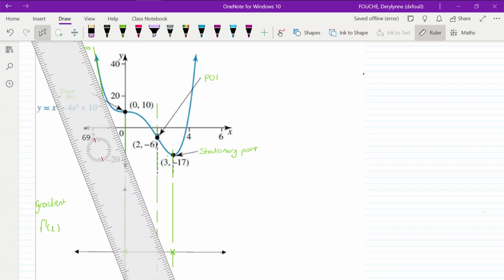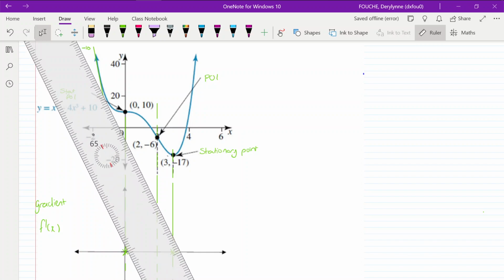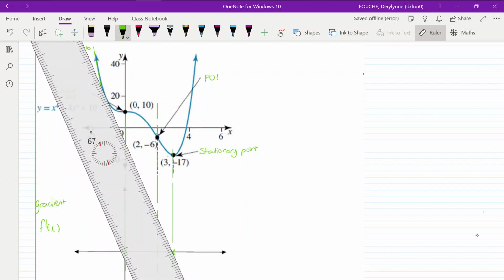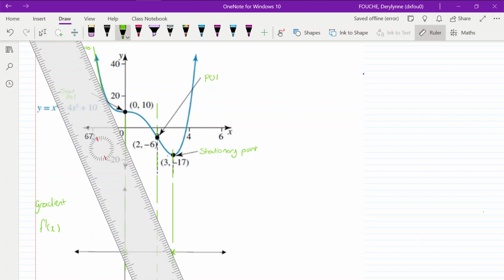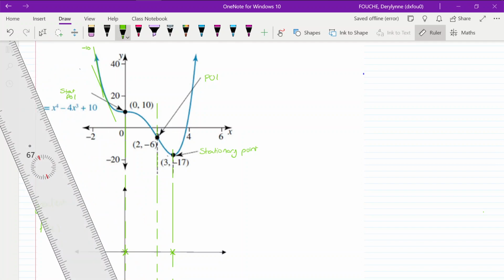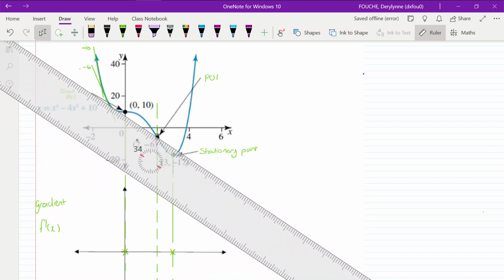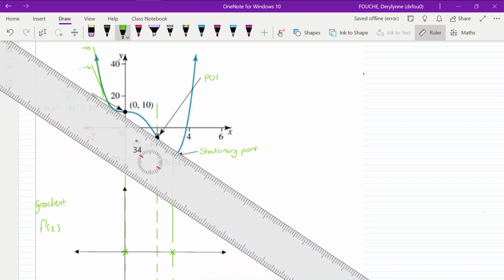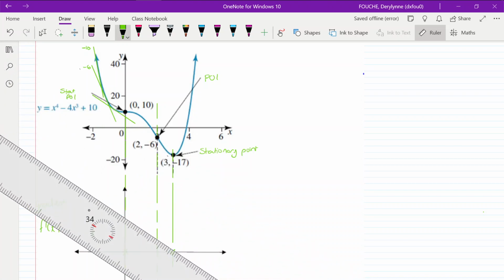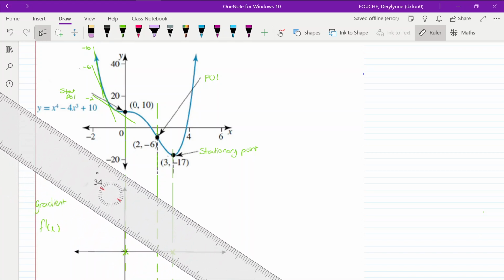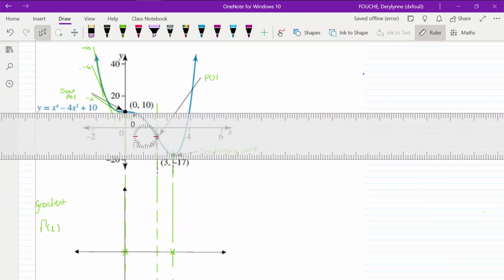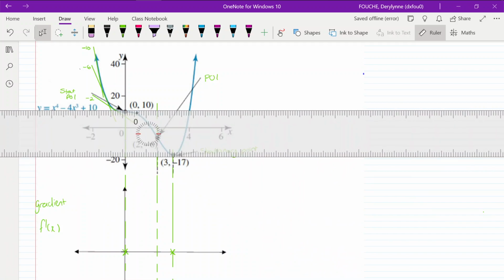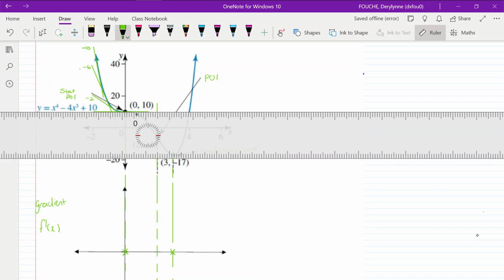If I draw another tangent here, can you see that the gradient of my tangent is less negative? In fact, I'm going to say that one is around about negative 6. Over here I'm getting even less negative, so let's make that one about a negative 2. Over here we go to 0, so if I drew a tangent straight through there, I can confirm that my gradient is 0.